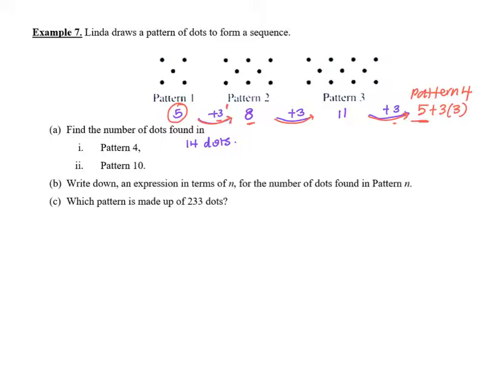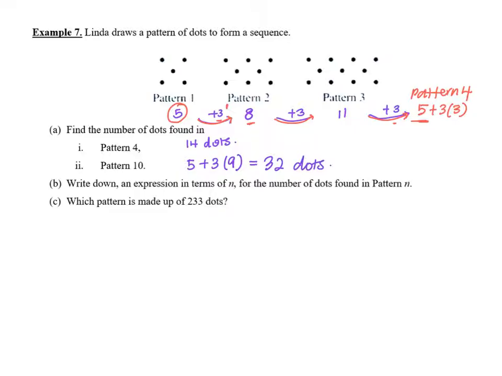If I have to find pattern 10, I'm going to take the number 5 plus 3, but since it's pattern 10, I've only added 3 nine times, and that will give me the total number of dots: 27 plus 5, 32. 32 dots.